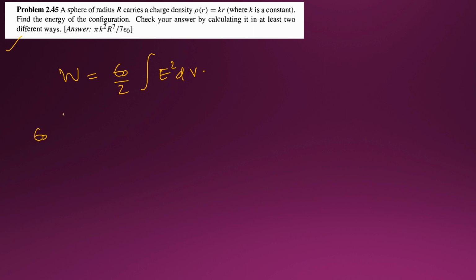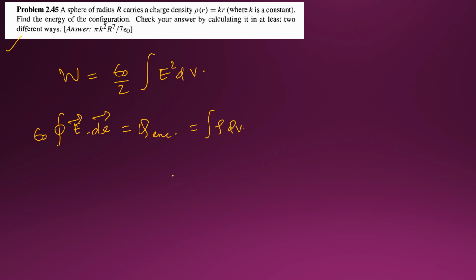Epsilon naught E dot dA is equal to Q enclosed. Q enclosed is rho dV.